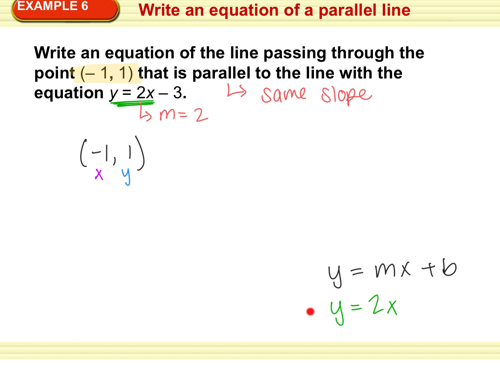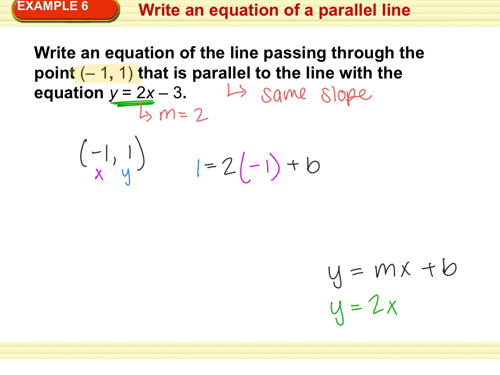Now I'm going to take the slope of my new equation and solve for b. So plugging in my x and y, it's going to look like 1 equals 2 times -1, plus b, because now I'm solving for b. So we should know how to solve this.